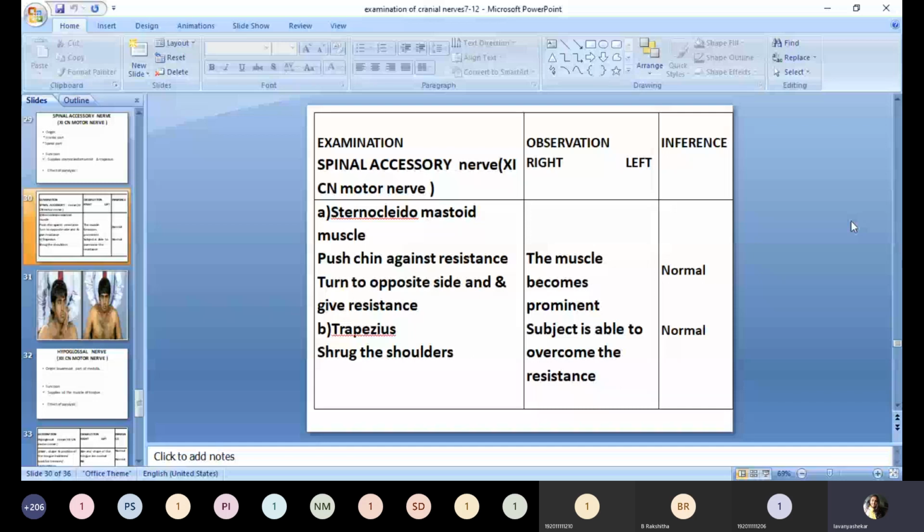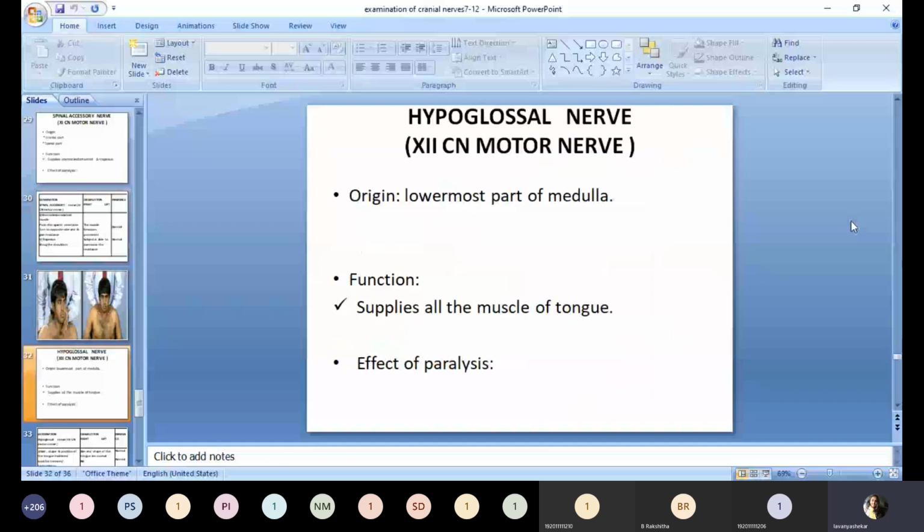So last is your hypoglossal nerve, which is your 12th cranial nerve. The hypoglossal nerve is again a pure motor nerve. The origin of the hypoglossal nerve is from the lowermost part of the medulla. The function of the hypoglossal nerve is that it supplies all the muscles of the tongue.